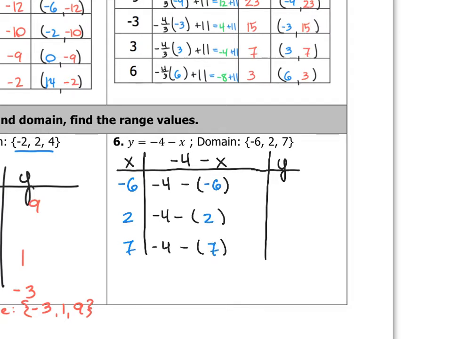At the top, -4 minus -6, there's that minus negative again. Remember, that means -4 plus 6. -4 minus 2 is just -4 minus 2, and -4 minus 7 is just -4 minus 7. So -4 plus 6 gives us +2, -4 minus 2 is -6, and -4 minus 7 is -11. So our range starts with -11, that's the smallest, then -6, and then +2.